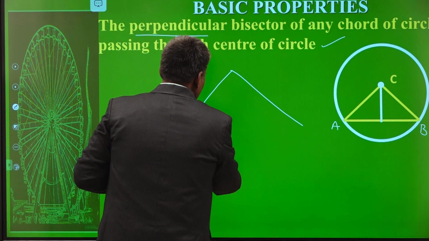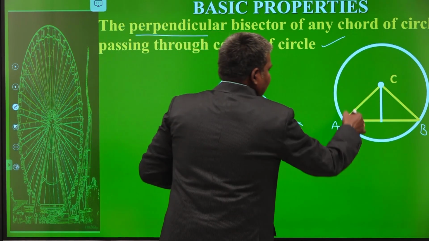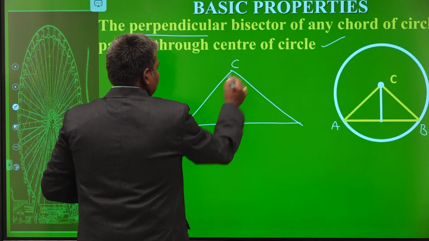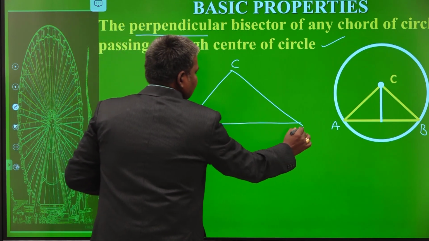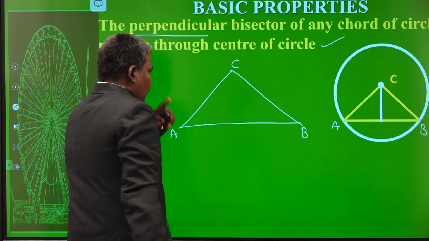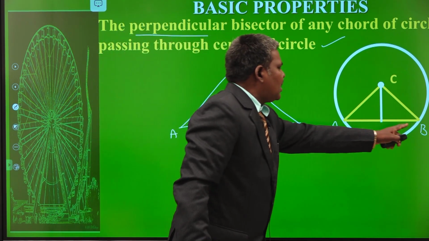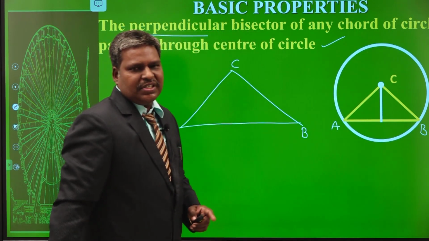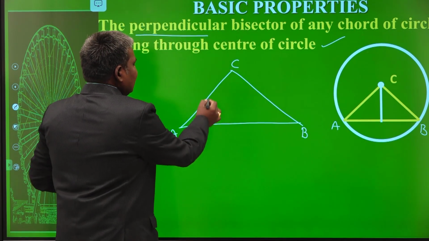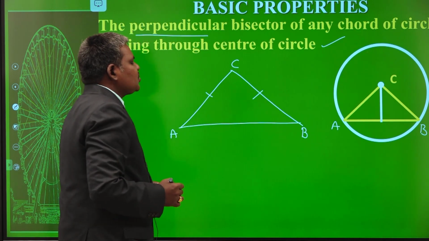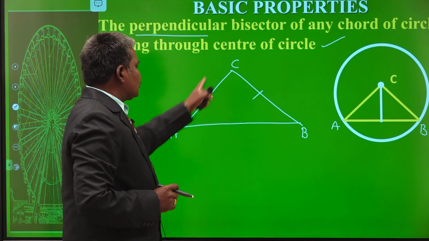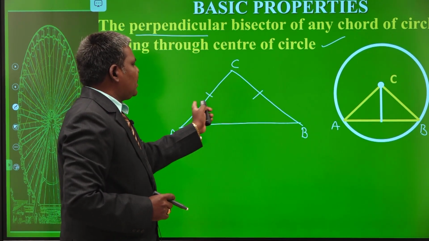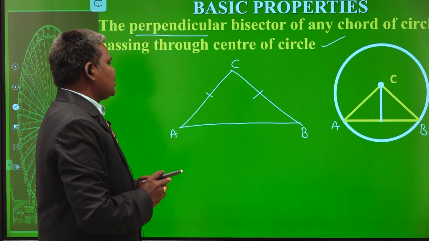This is the triangle CAB. What is your aim? Your perpendicular bisector should pass through the center of the circle. So what is the triangle here? This is an isosceles triangle, because these two sides are equal, as these two are radii of the circle. Therefore this is an isosceles triangle.